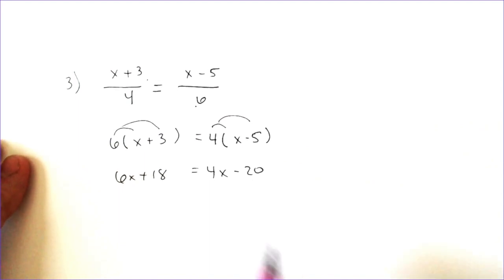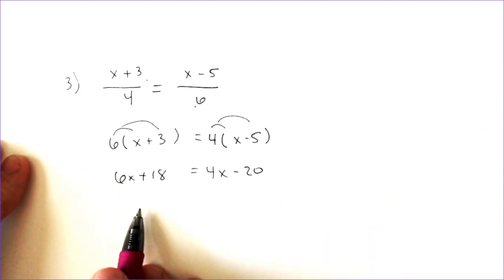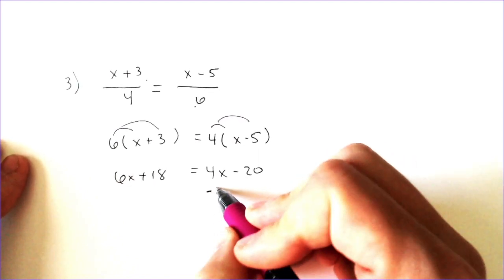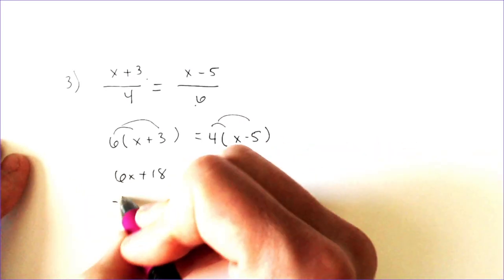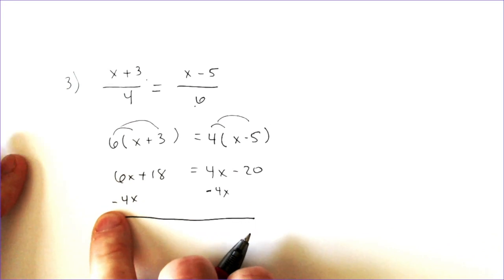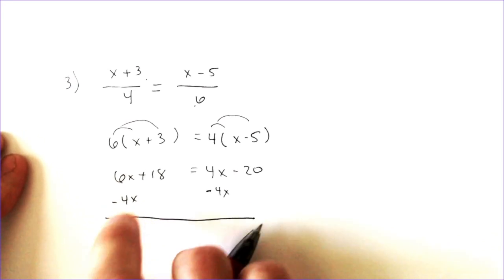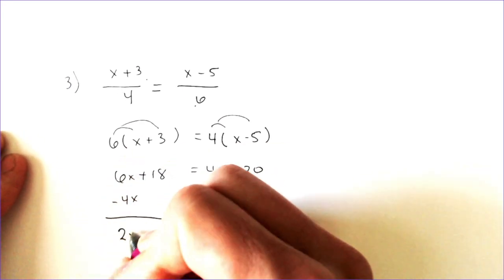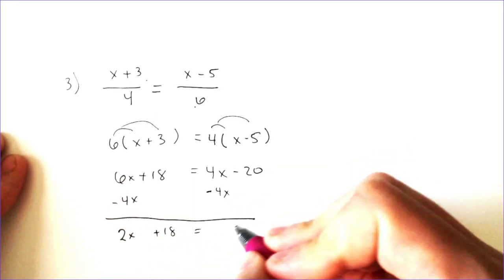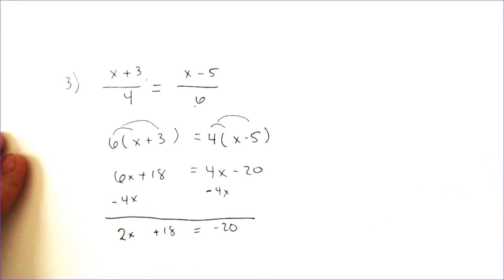Now from here, because we have x's on both sides of the equation, we're going to have to combine like terms by moving the x's and moving the numbers. So for me, I like to keep the x's on the left side. In this case, by subtracting 4x, it makes the x's continue to be positive, which is a big bonus. So 6 minus 4, 2x, 18 drops down, equals negative 20, because the negative 20 would drop down.